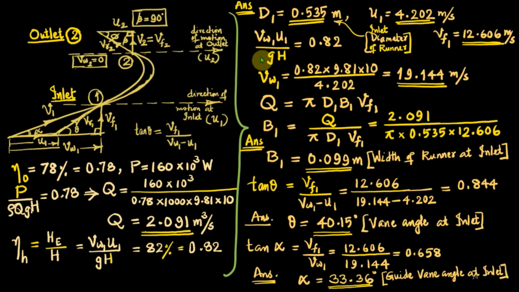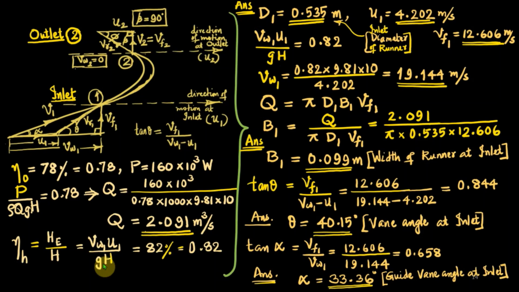We will be in a position to find out Vw1. So Vw1 is equal to 0.82, that is the hydraulic efficiency, multiplied by GH divided by this U1. When you operate it, you will get 19.144 meter per second. So that is Vw1, the whirl component of velocity at inlet.